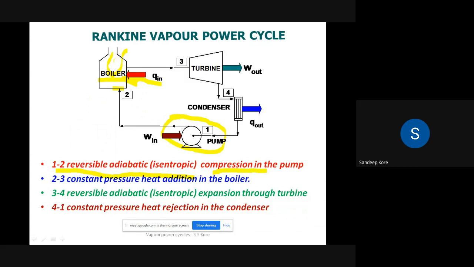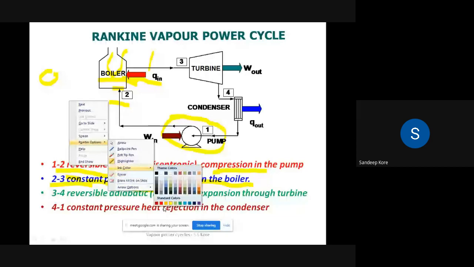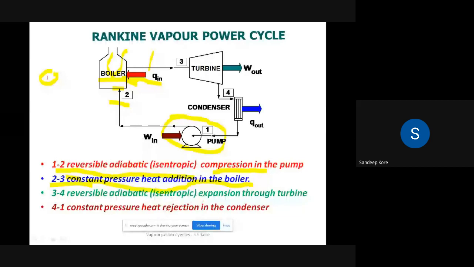Now which is the process taking place in the boiler? Process 2 to 3, because boiler starts from point 2 and ends at point 3. So 2 to 3 is constant pressure heat addition in the boiler. An amount of heat added is given by the formula Q = m Cp (T3 - T2), where m is the mass of water, Cp is the specific heat of the water, and T3 - T2 is the change in temperature.